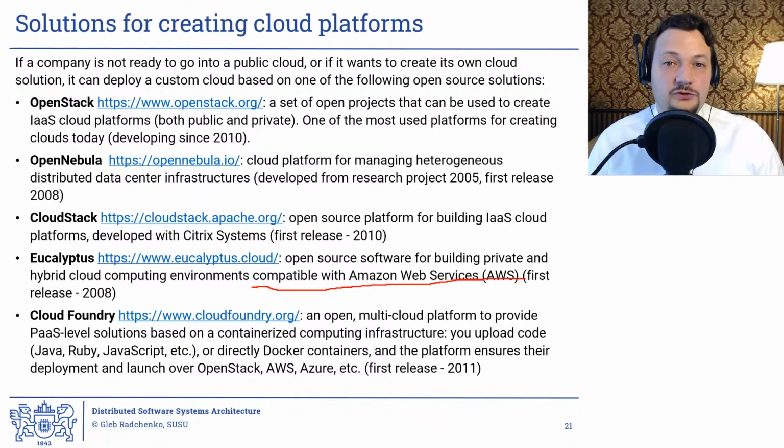This platform allows you to create your own cloud, and your own cloud would be compatible with AWS. That means that your cloud would be just like Amazon Web Services, but very, very small. And if you launch your application on your small private cloud, you can easily transfer it, if needed, to the big public cloud of Amazon Web Services. That is a great feature.